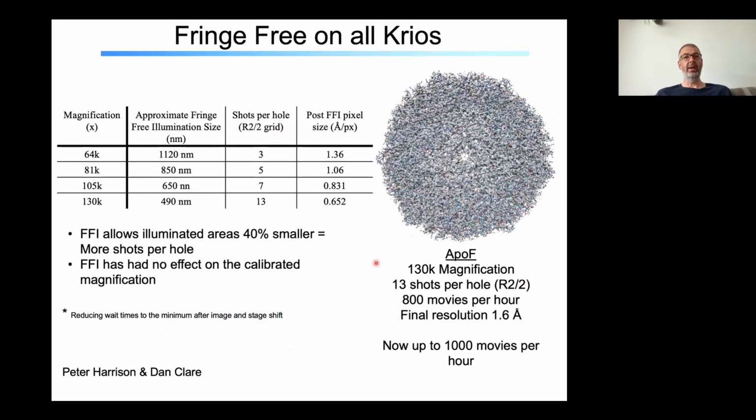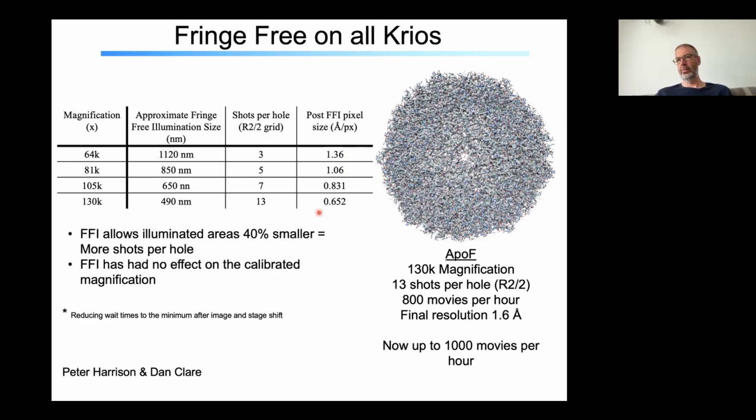The most recent update we've had: we were already using AFIS, the aberration-free image shift collection within EPU, to speed up data collection. But we've now just finished the upgrade of all 4 of the academic Cryoses to allow for fringe-free illumination.